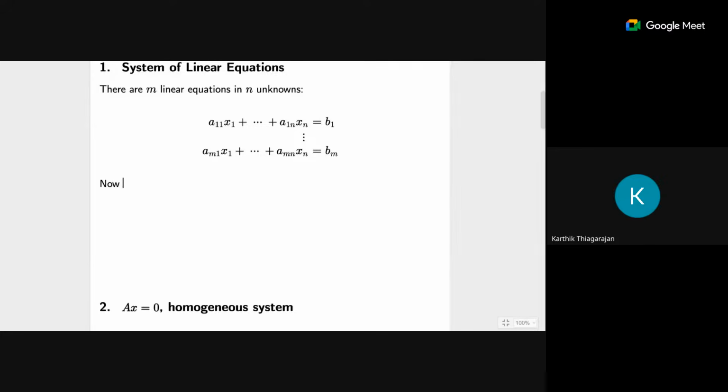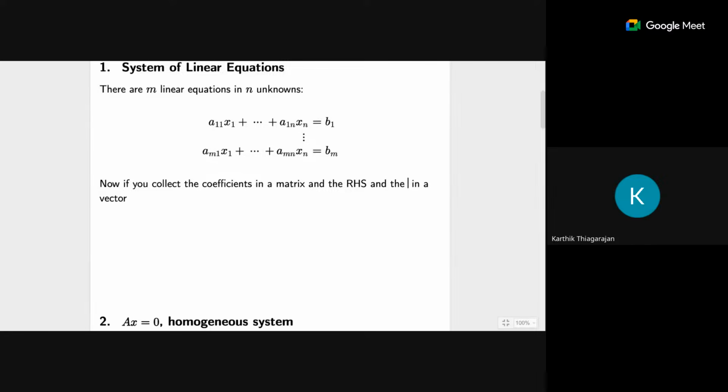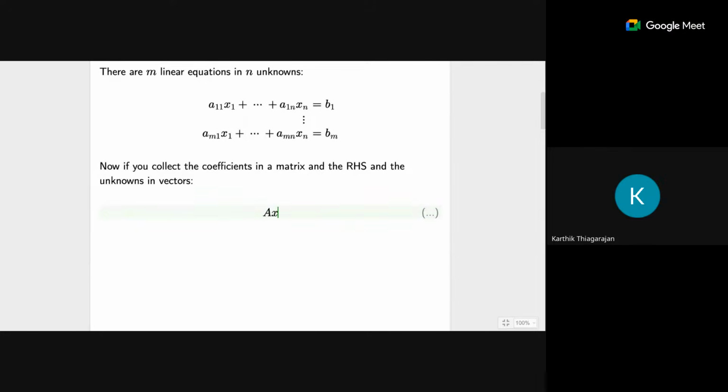Now, if you collect the coefficients in a matrix, and the right hand side and the unknowns in vectors, you can transform this into a matrix vector product on the left hand side equal to some other vector.